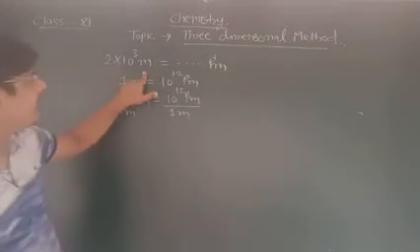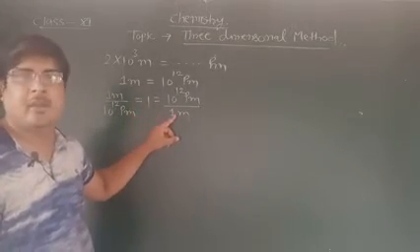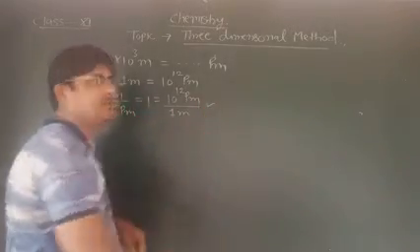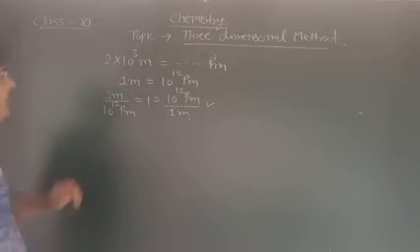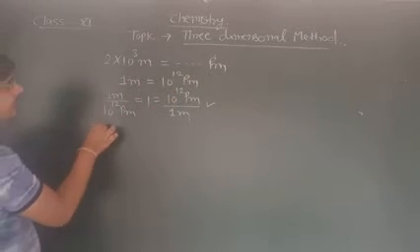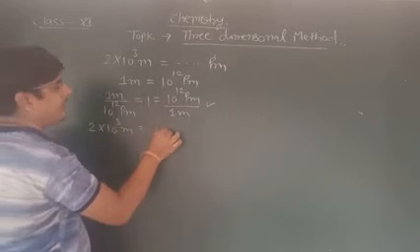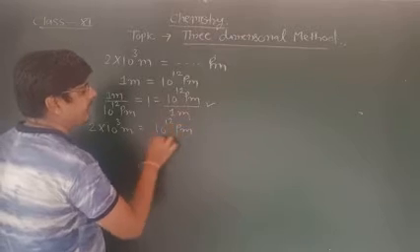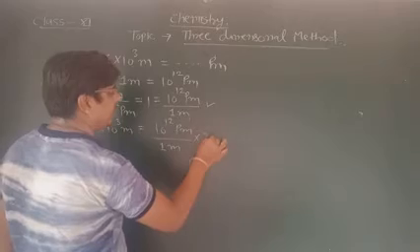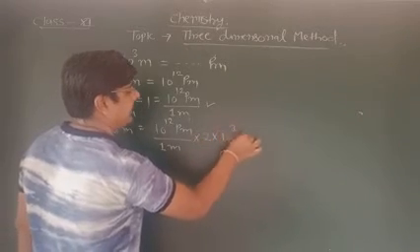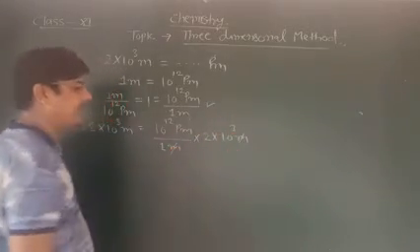You are converting meter into picometer, so take this unit. 2 into 10 to the power 3 meter equals 10 to the power 12 picometer upon 1 meter, multiplied by 2 into 10 to the power 3 meter. Meter and meter cancel.